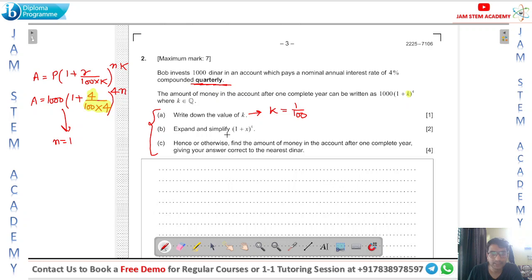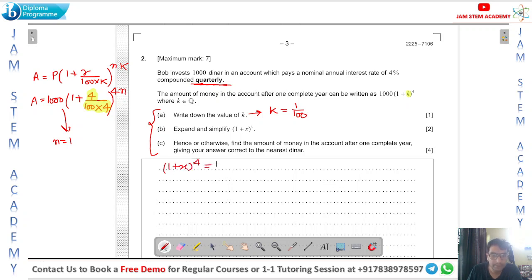Now expand and simplify (1 plus x) raised to the power 4. In this case, you can also use the binomial expansion, or you can use the (a plus b) whole squared identity. That will also work. So I'll use the binomial expansion for this problem. We have (1 plus x) raised to the power 4.